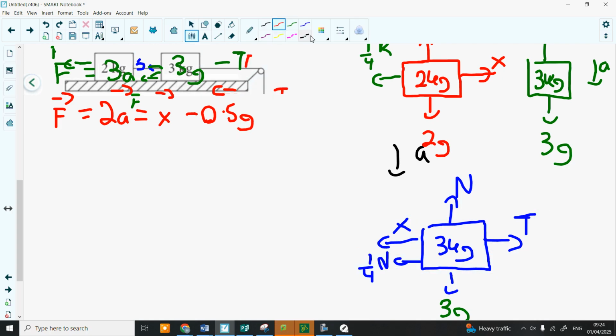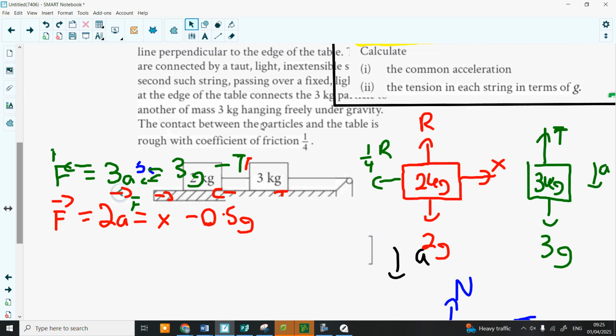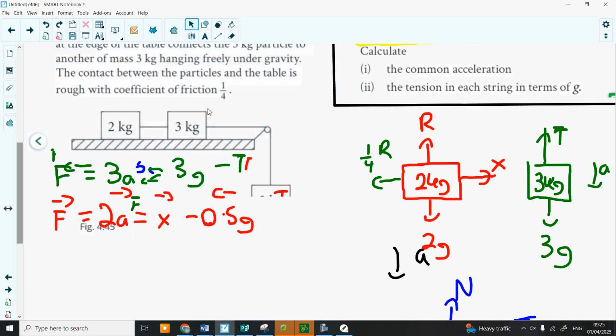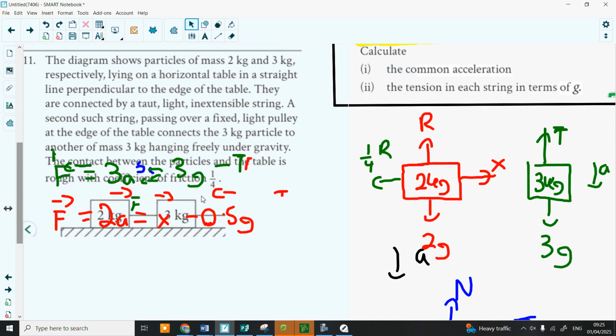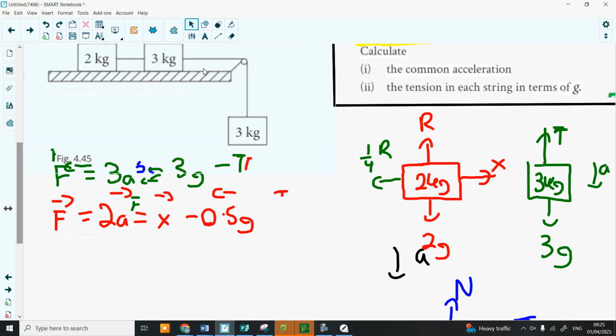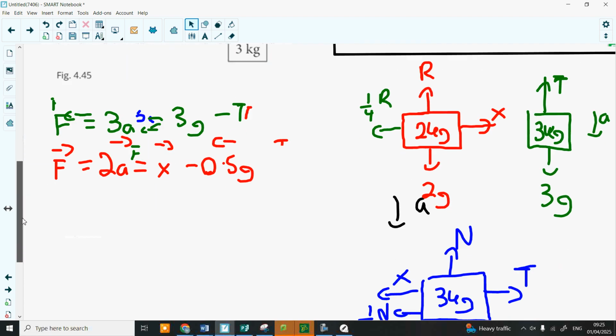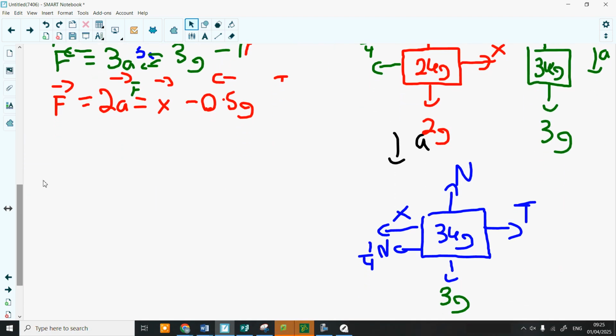All right, blue one. Have you seen the blue one? Just the 3 kilogram part of what we're going to do now. Right, now what do we do here? Yes. No idea what happened, but we're just going to roll with it. Okay. So what happens? The blue one, yeah?